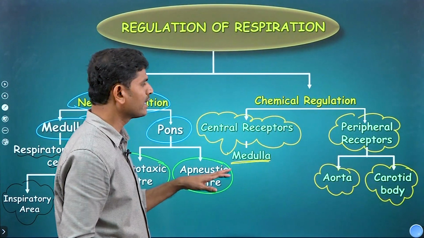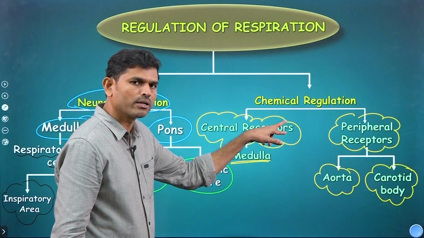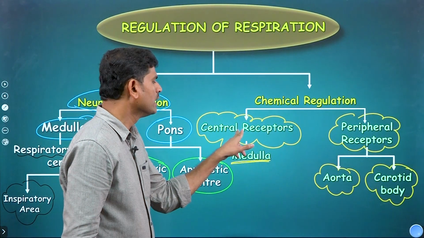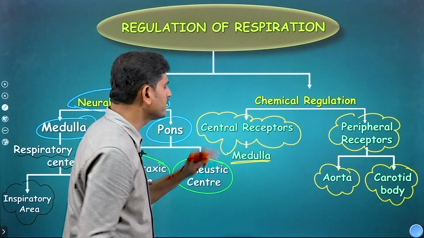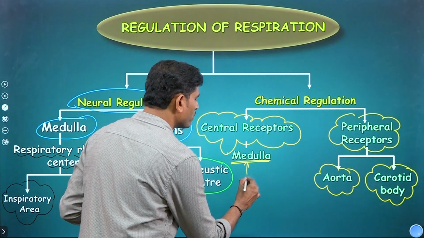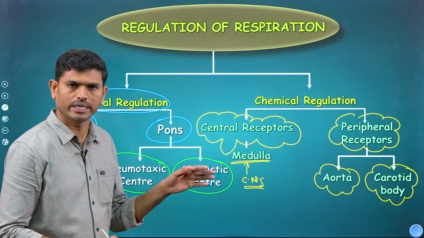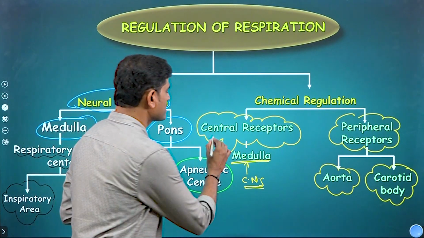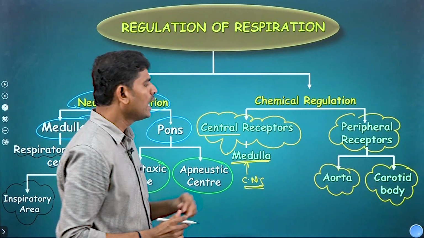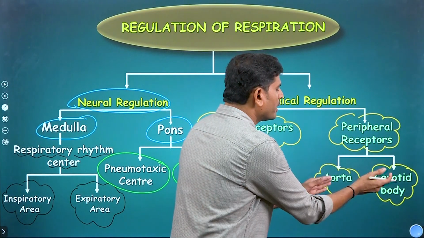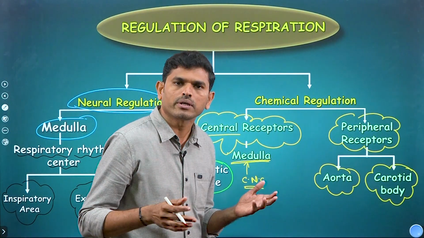So what we can understand here, under chemical regulation, central chemoreceptors are present in the medulla. Medulla बोले तो कौन सा? CNS, near the medulla or in the medulla, CNS. That's why they are called central receptors. And another one is the aorta and carotid body, those are not a part of the central nervous system.